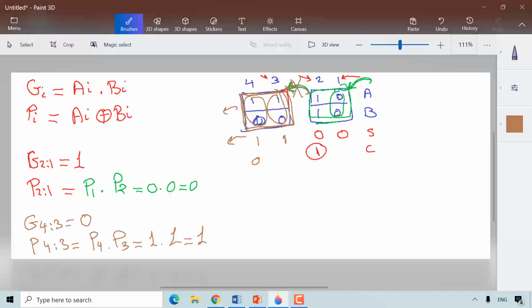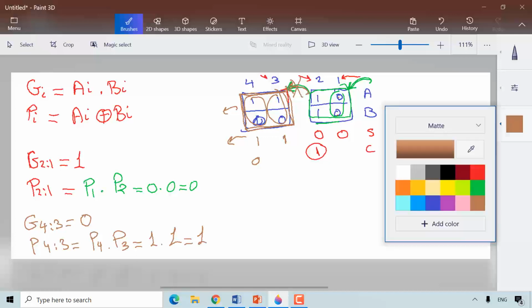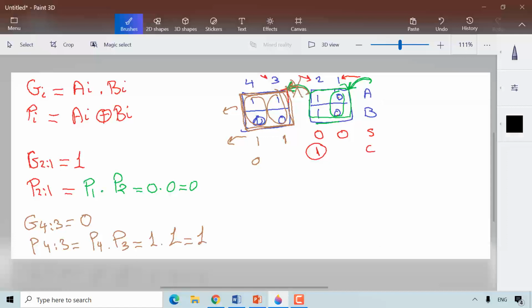Now, here comes the very interesting part. What I need from all of this discussion is to check if I can generate from bit 4 to bit 1, given the information about bits 1 and 2 and 4 and 3.